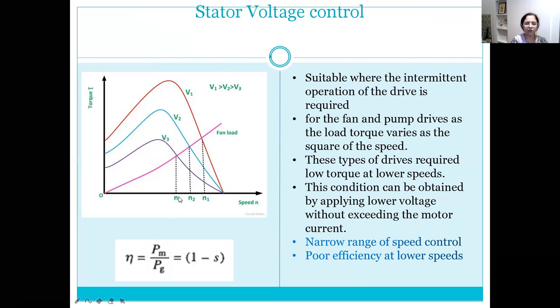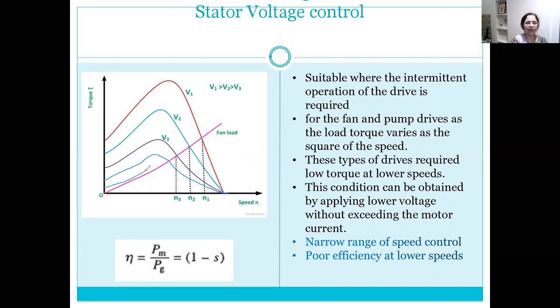For further reduction of speed, if we try reducing V3, then the new operating point, which is a stable operating point, can be obtained. But we can also easily visualize that if we try taking this voltage reduction further, roughly we can get a characteristic of this thing.